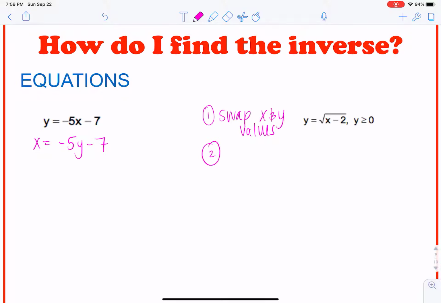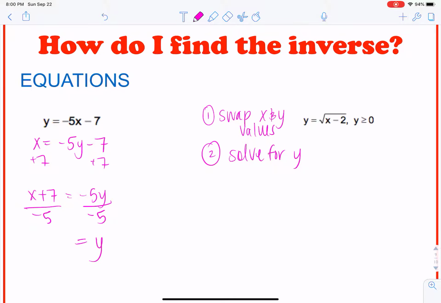The next thing that I want to do is solve for y. So here's my y value, and I just want to isolate my y value. Divide both sides by -5. So here I get y is equal to x plus 7, all divided by -5.